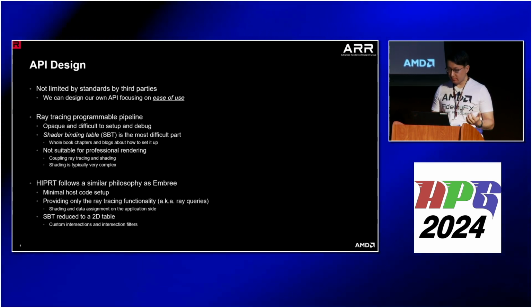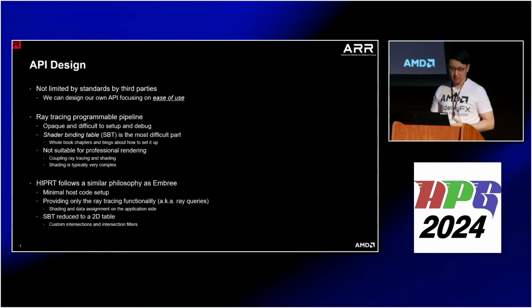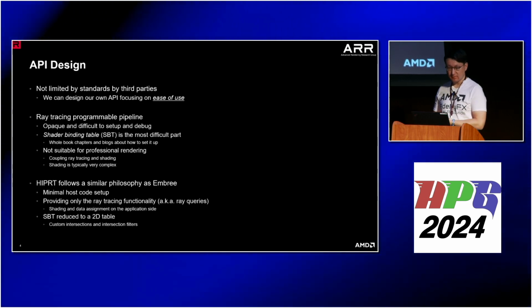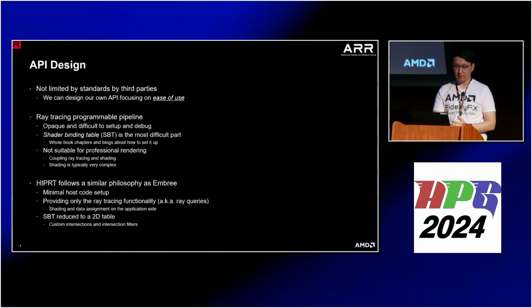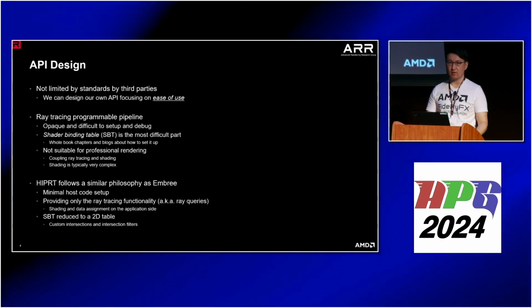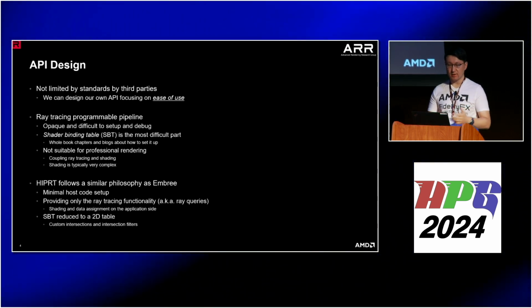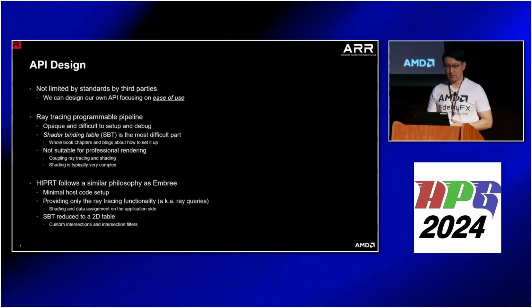So HIPRT follows a similar philosophy as Embree, so we want to have a minimal host code setup, unlike Vulkan, for example. We are providing just ray tracing functionality. All other computations are on the application side. So, for example, shading and also data assignment, which is in other APIs done through the shader binding table.